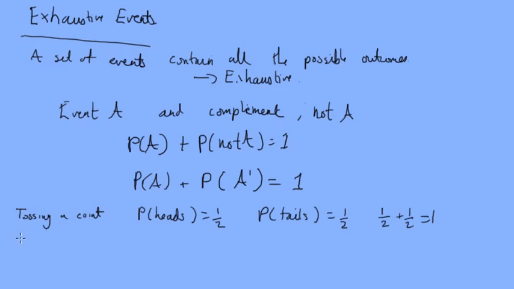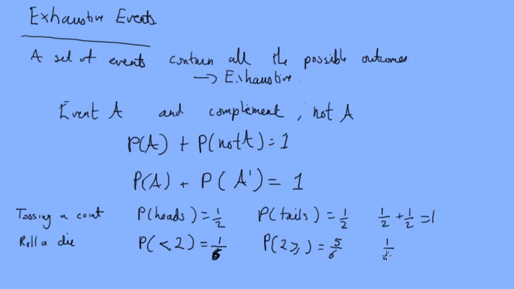If we were rolling a die, the probability of less than 2 is going to be 1 over 6, because the only one that's less than 2 is 1. And then the probability of 2 or more is going to be 5 over 6, because there's 5 different outcomes.